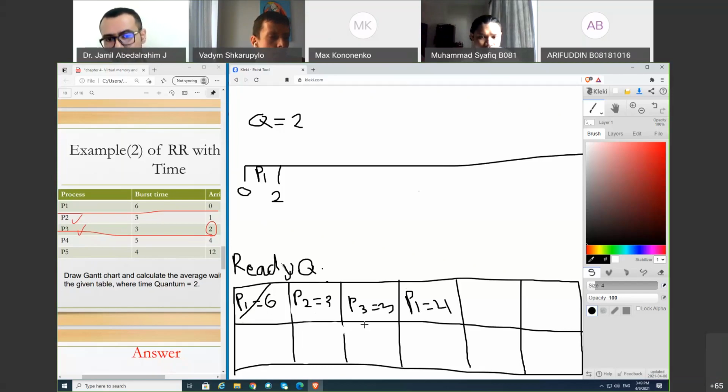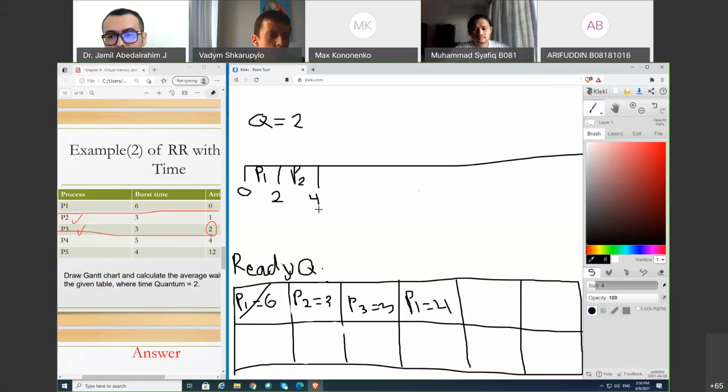Then we execute what we have in the ready queue table. There is no new process, so we execute P2, only 2 units within the quantum, until 4. Now we reach a new unit, which is 4.